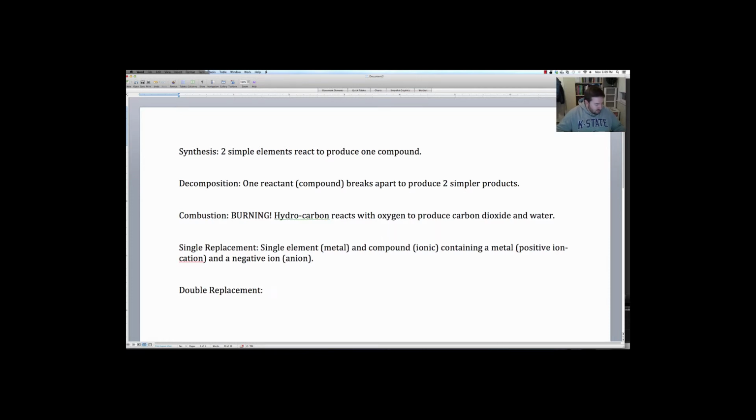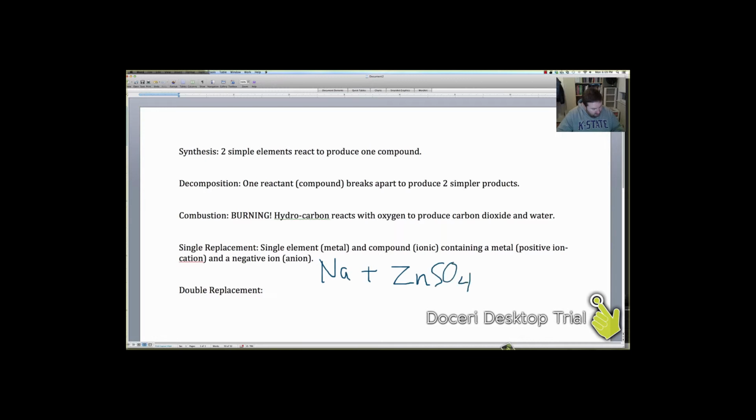So for this guy, maybe we have something like sodium, which is a metal, which is our single element, reacting with zinc sulfate. So in this case, zinc is our positive cation, sulfate is our negative anion.